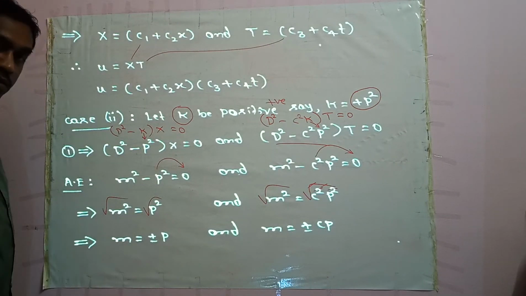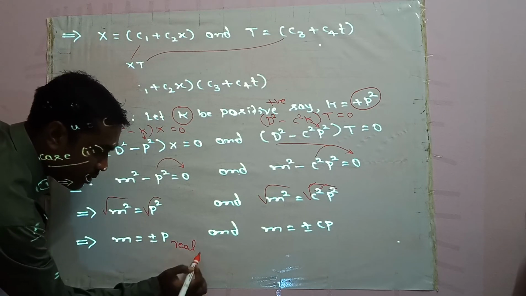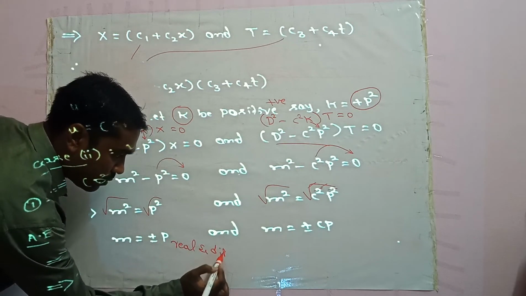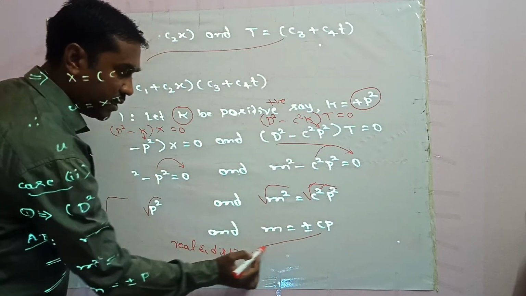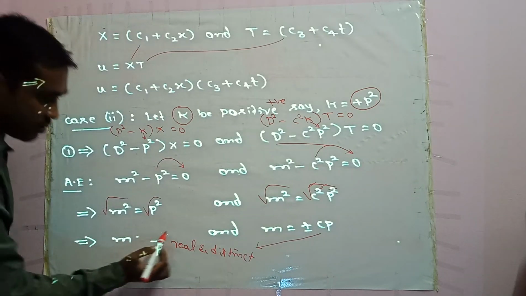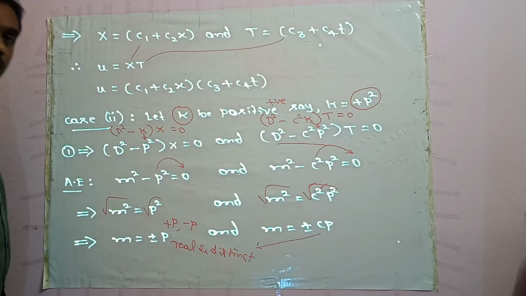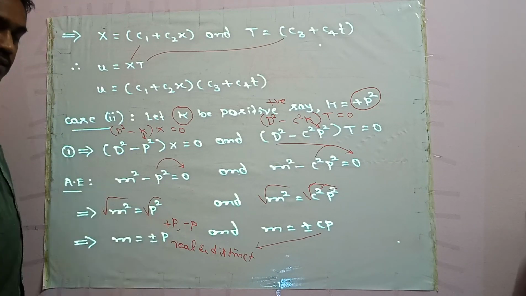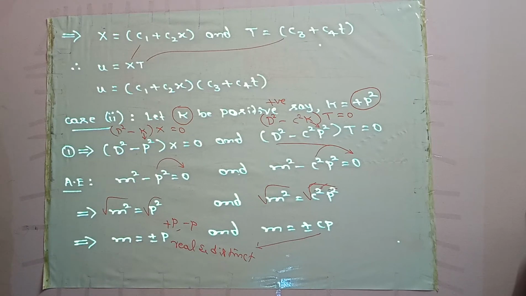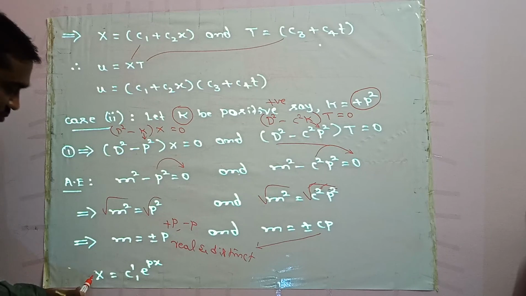Now what are the roots? Roots are real and distinct. Here also the roots are real and distinct, because we have plus p as one root, minus p as another root. So how do we write the CF in that case? We write the CF as x is equal to. Why are we writing x?